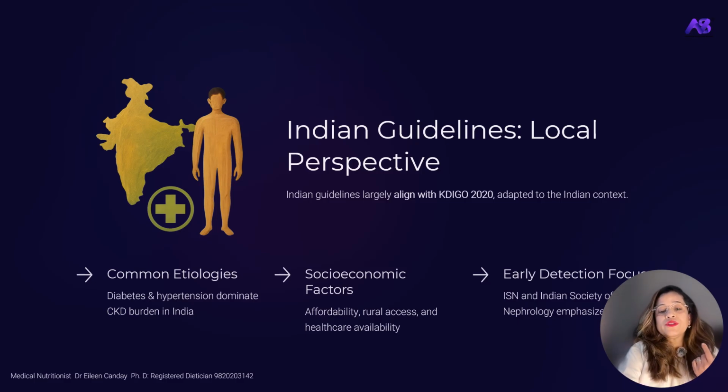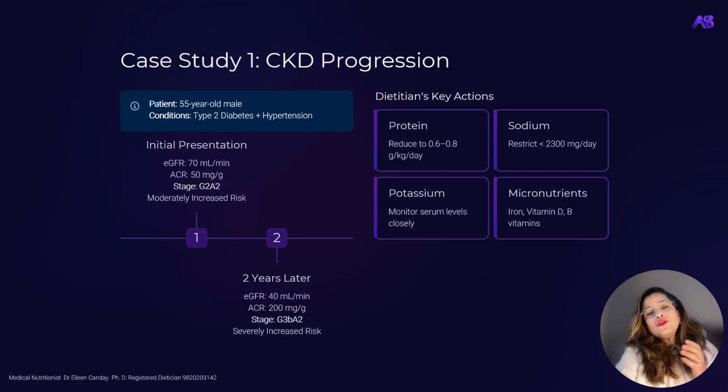Coming to, let's take one case and just see how this 55-year-old male with type 2 diabetes and hypertension presented with CKD development. So this started with stage G2A2. That is, G2 is moderately increased risk with a GFR of 70 and a mild albuminuria with ACR of 50.